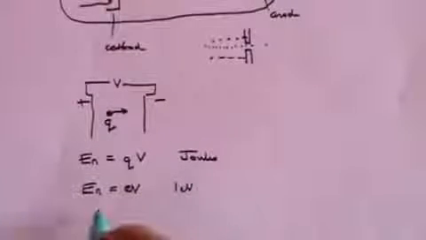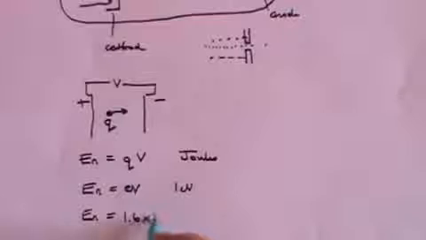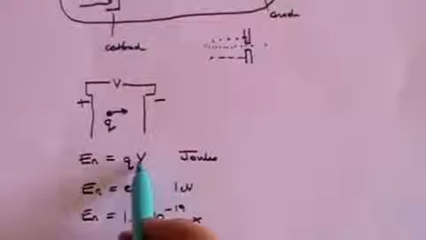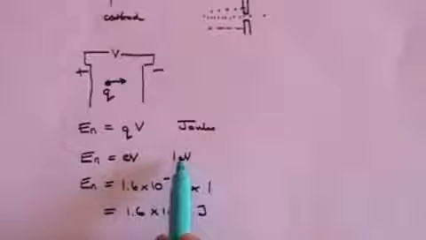Well, let's see. Strictly what we ought to say is that energy equals the charge on the electron, which is 1.6 times 10 to the minus 19 coulombs, times the voltage, which is 1. And so that is 1.6 times 10 to the minus 19 joules. So 1.6 times 10 to the minus 19 joules is the same as 1 electron volt.